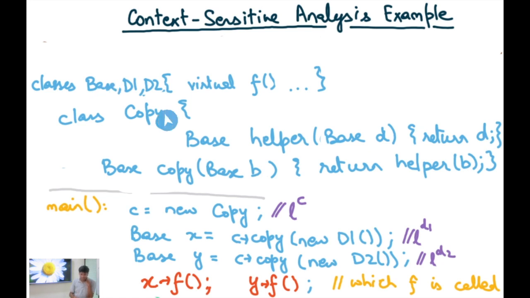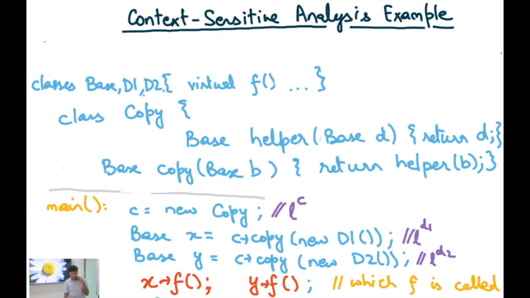And then I have a copy function in the copy class just like before, but this time the copy function calls another function, which I call the helper function. When somebody calls copy on some object B, it just calls helper on that B and returns that value back.